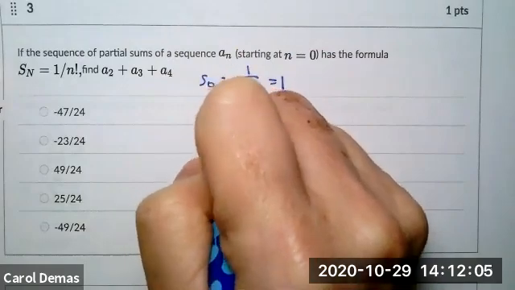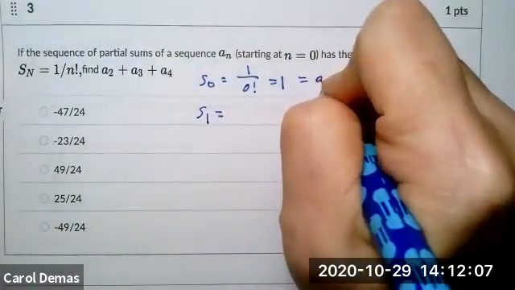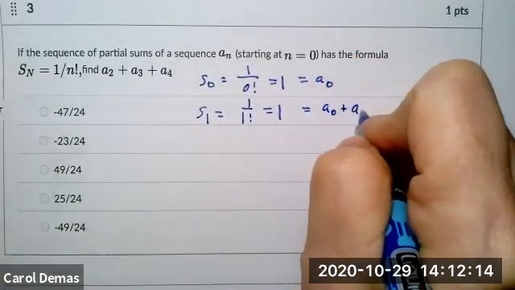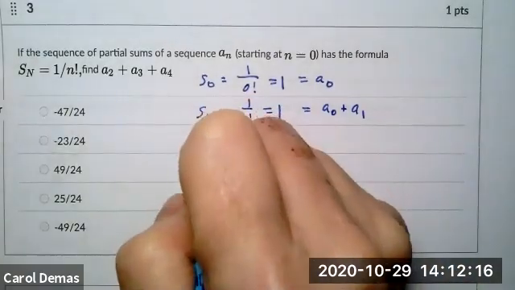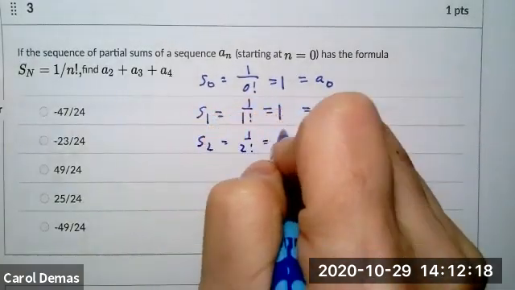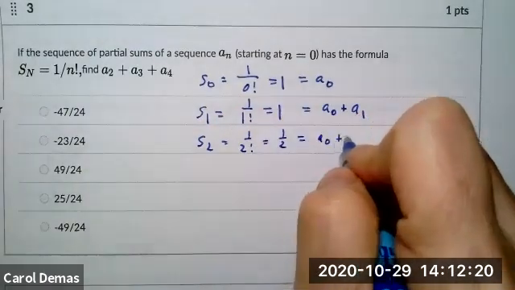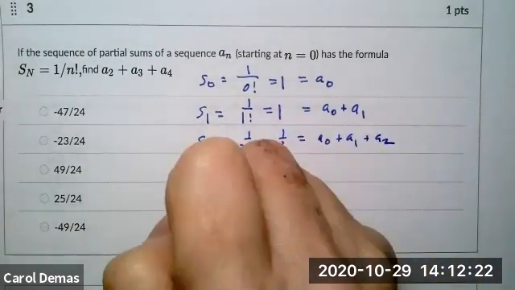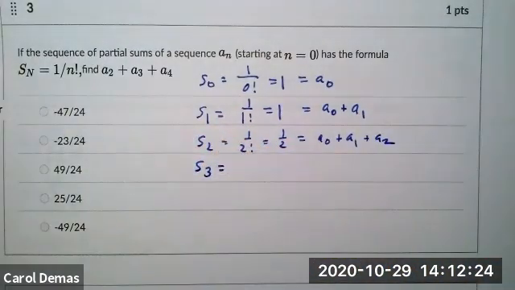S sub 1, and that's just a sub 0. S sub 1 is 1 over 1 factorial. That's also 1. That's a sub 0 plus a sub 1. S sub 2 is 1 over 2 factorial, which is 1/2. A0 plus a1 plus a2. S sub 3, and so forth.